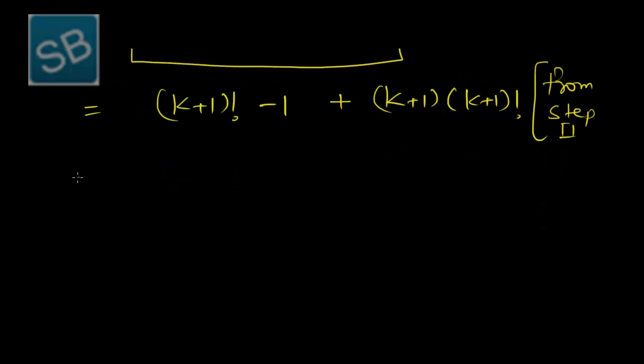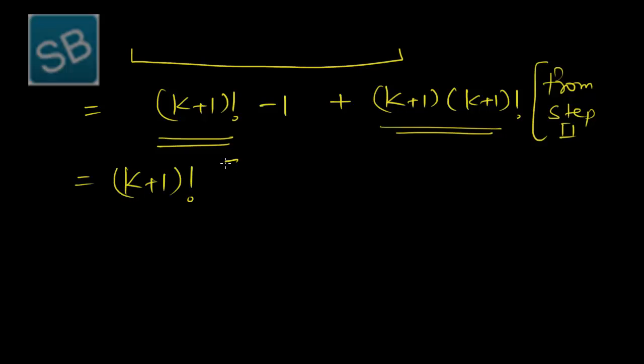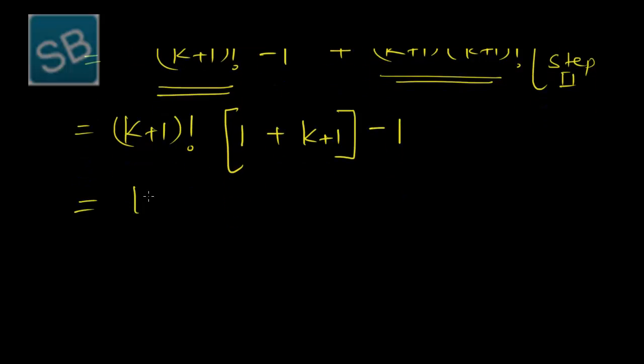So from here we can see that from these two terms we have k plus 1 factorial common, and we have here 1 plus k plus 1 in the bracket, and minus 1 is outside the bracket. So here we get k plus 1 factorial into k plus 2 minus 1.